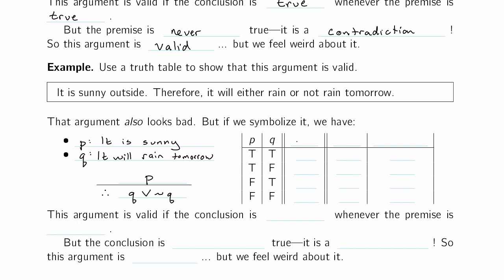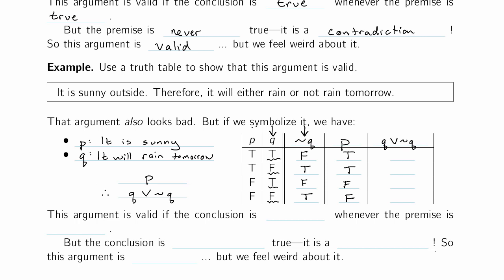In order to analyze this, we'll need a not Q column. That's just the opposite of whatever is in the Q column. And then for our premise, we'll just copy the P column. That's true, true, false, false. And our conclusion is Q or not Q. So Q or not Q, we'll look at the Q column and the not Q column.